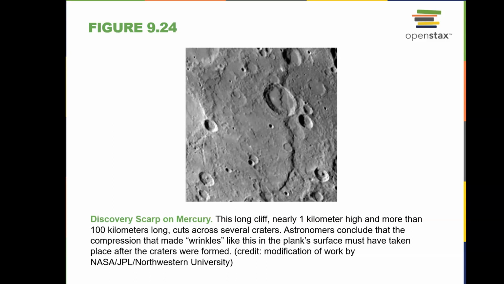At some point in its history, the planet shrank, which wrinkled the crust. This must have been done after most of the craters on the surface had already formed. If the standard cratering method applies to Mercury, this shrinkage must have taken place during the last 4 billion years and not during the solar system's early period.